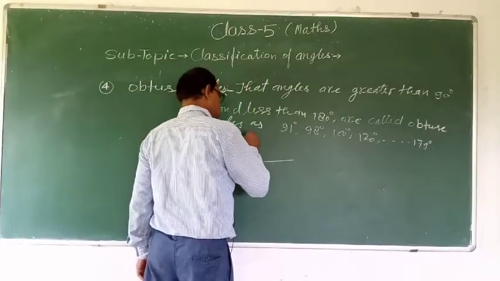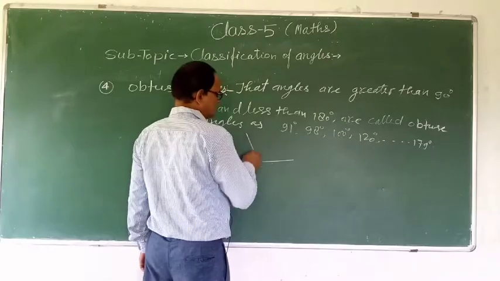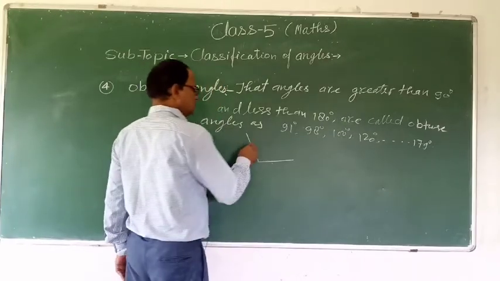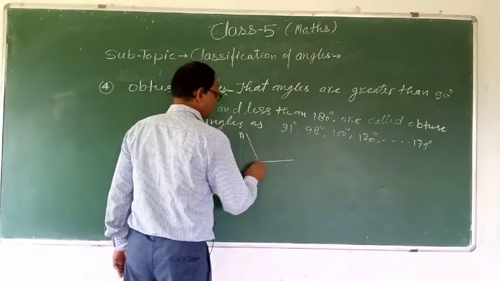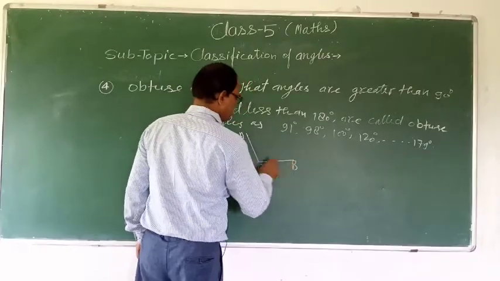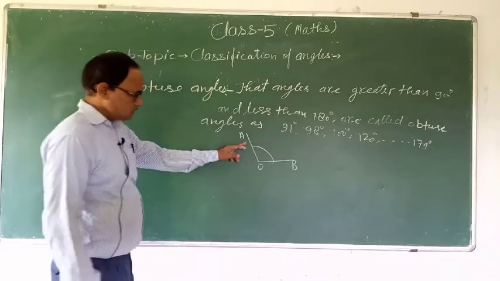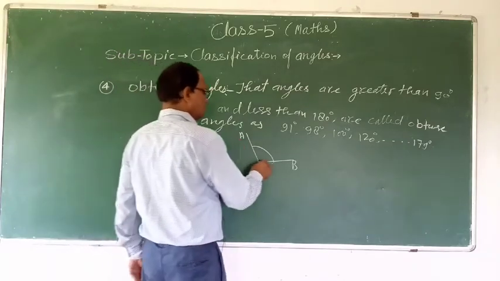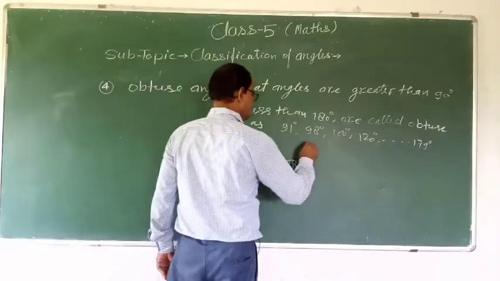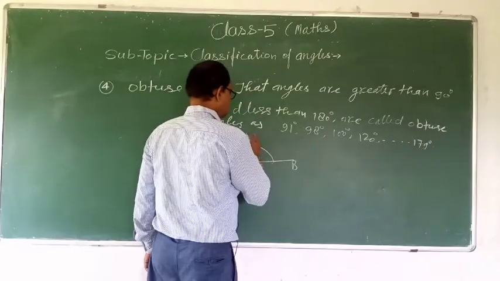The structure of an obtuse angle: here AOB. This structure is called an obtuse angle.